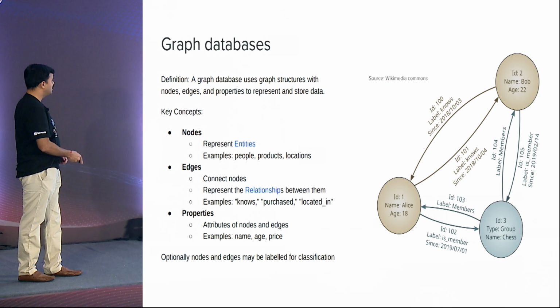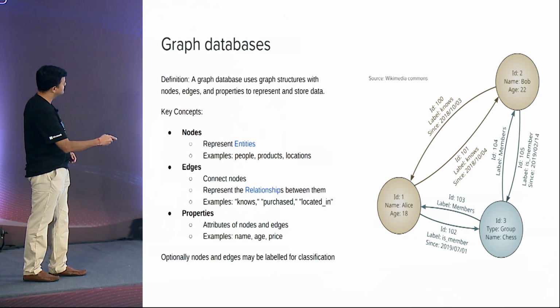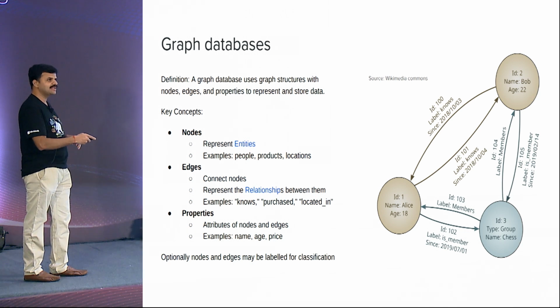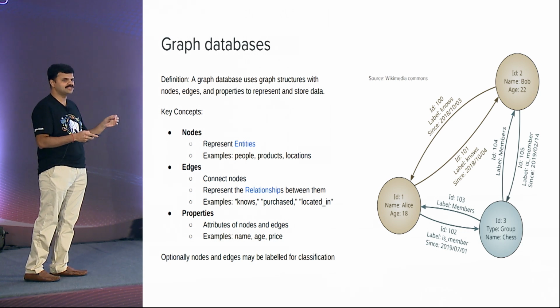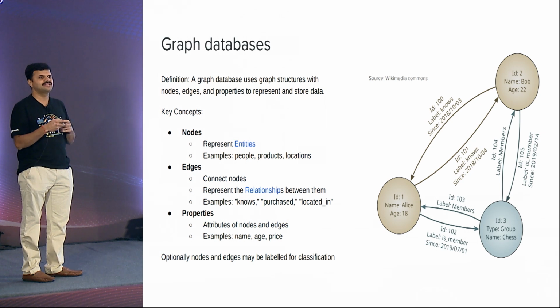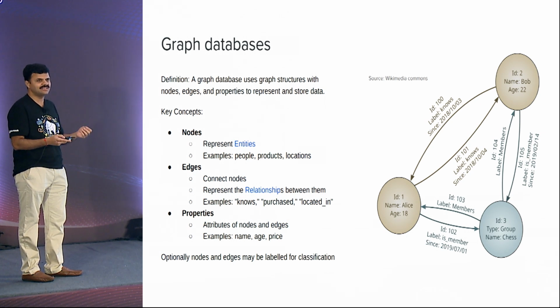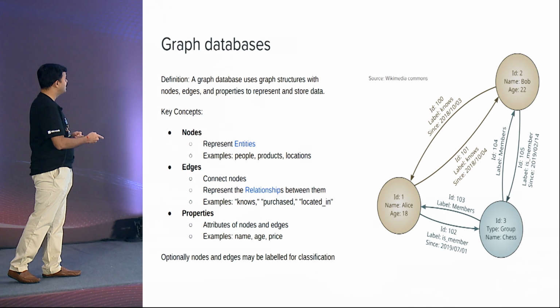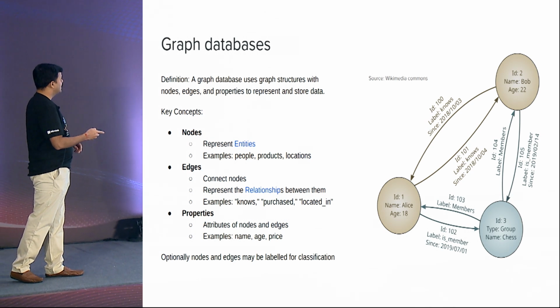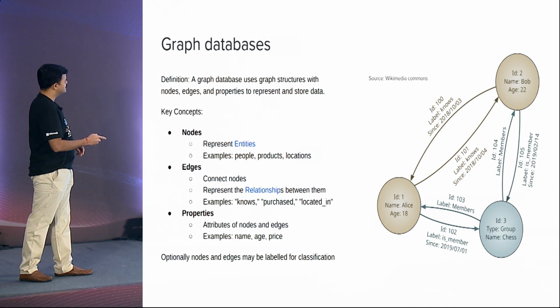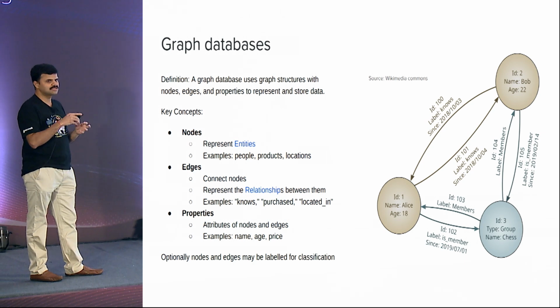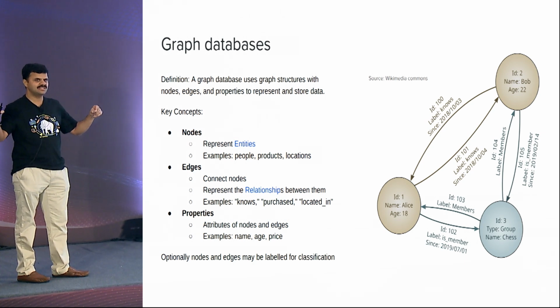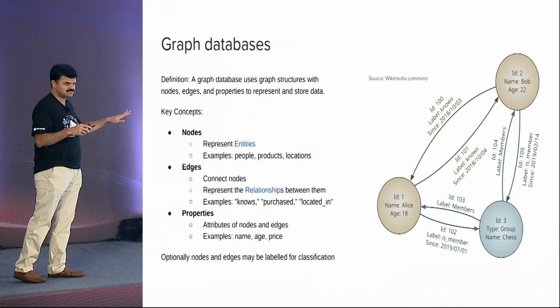And those who are familiar with the relational databases and have heard the term entity relationship data modeling, ERD, ERM, whatever you call, or ER diagrams, they would find it similar to see the link between the relational databases and graph databases.